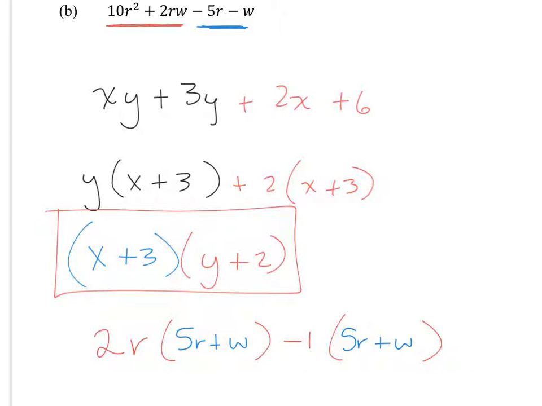And then what you see in blue is the same, right? That's the reason you take out a -1 there. It's not obvious right away, but with factor by grouping, you have to take something out. Even if you take out a 1 or a -1, you have to take it out. The reason being is now you can factor out the 5r plus w, and you can't forget about this -1. This becomes 2r minus 1 here.